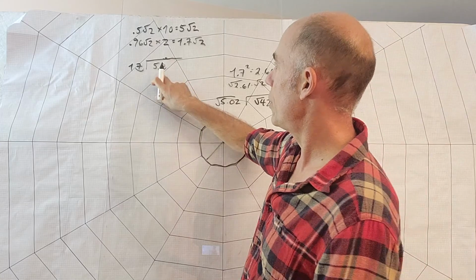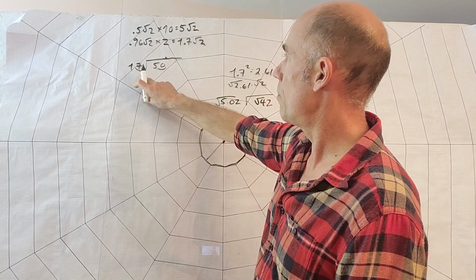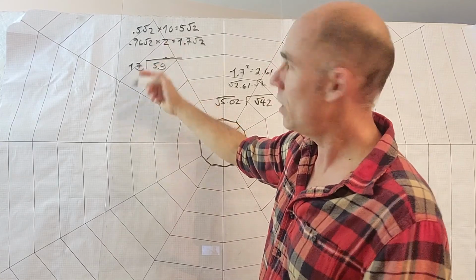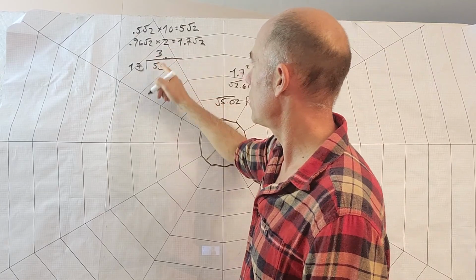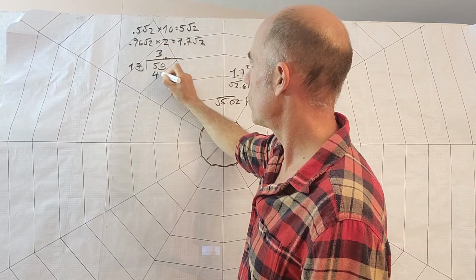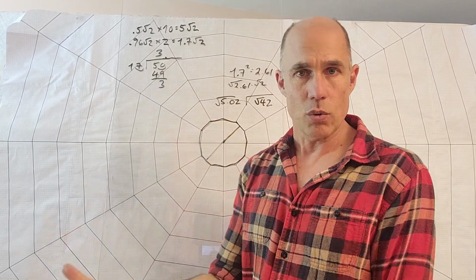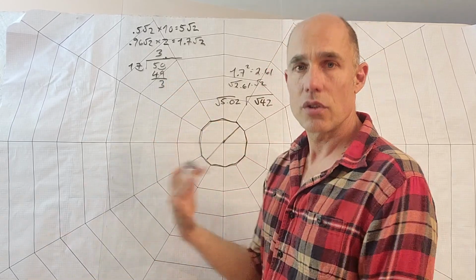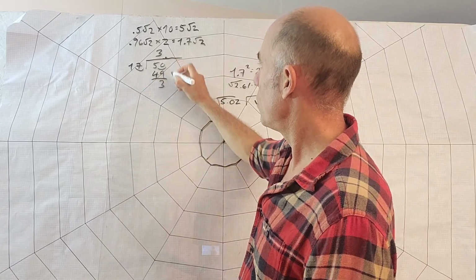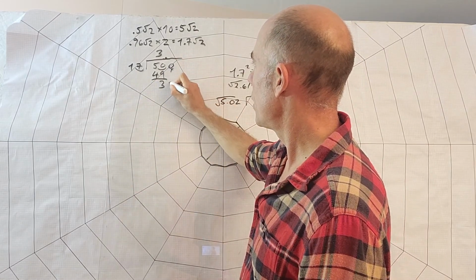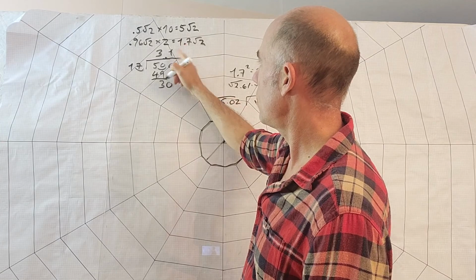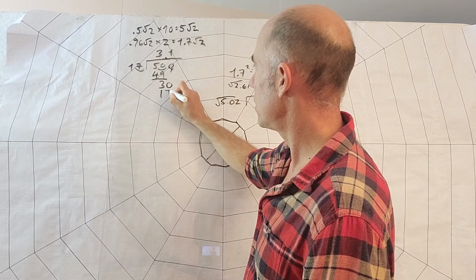I'm going to start with this one here. So 17 into 50 now is going to go 3 times. So 3 times 17 is 49. We have a remainder of 3 because, again, it's a duodecimal equation. So here we go. We're going to bring down a 0. So that's going to be 1 time. 1 times 17 is 17.